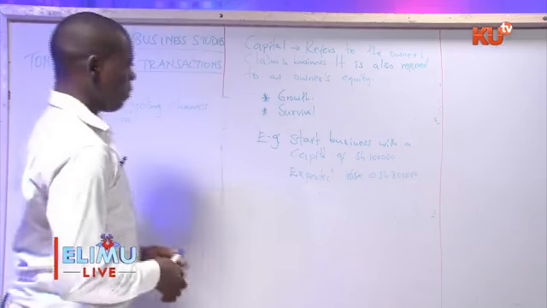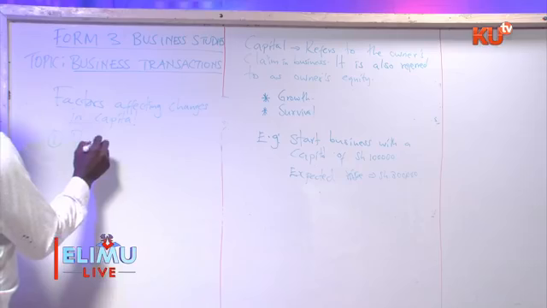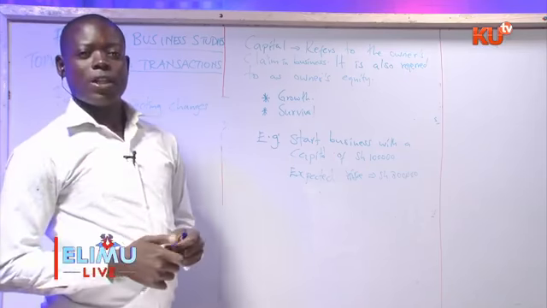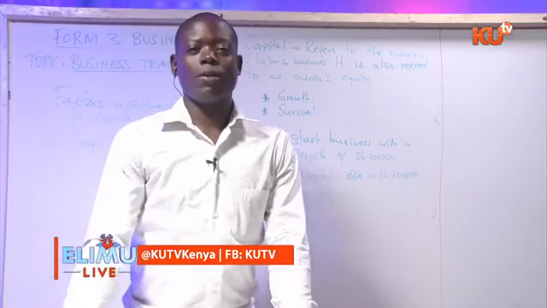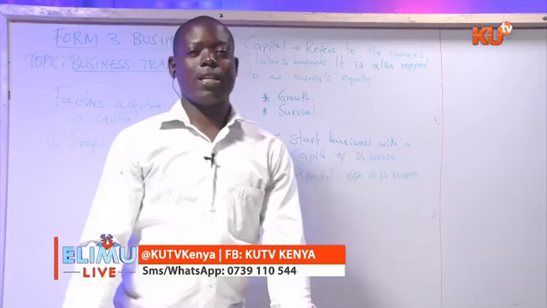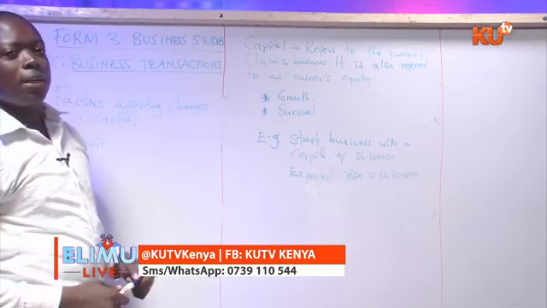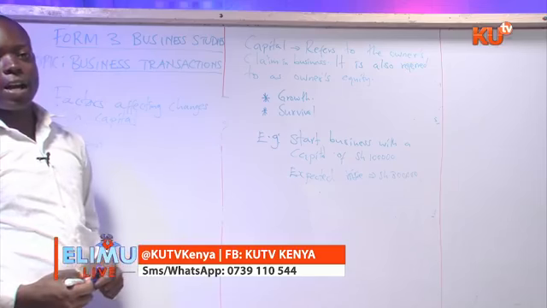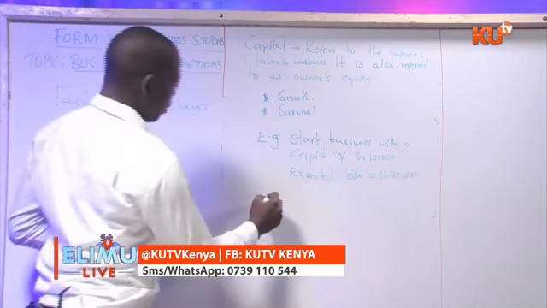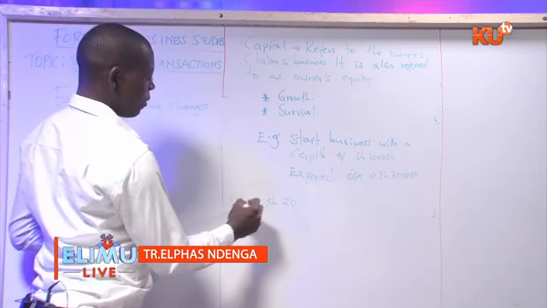Good. Number 1 is profit. One of the factors that will result in the change in capital is profit. What is profit? Yes, profits are gains that we make after a product is sold for more than the cost at which it was acquired. If we acquired a product at, let's say, 20 shillings, that becomes what we call the cost price.